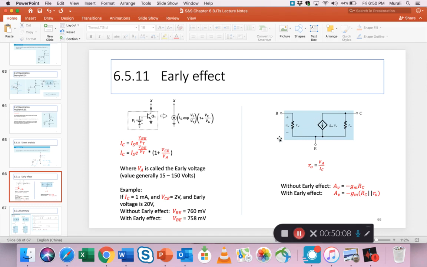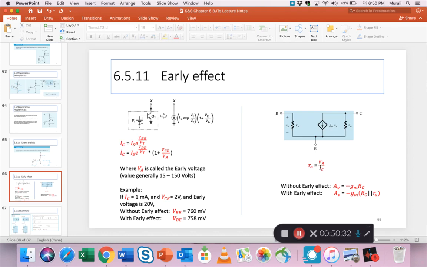on the right side, for example, is shown the small signal circuit model. And now what is happening is, in the model you have to introduce a new resistance called RO in parallel with this current source. What is this RO? It's VA, this early voltage, divided by that biasing current IC, which you derive here.